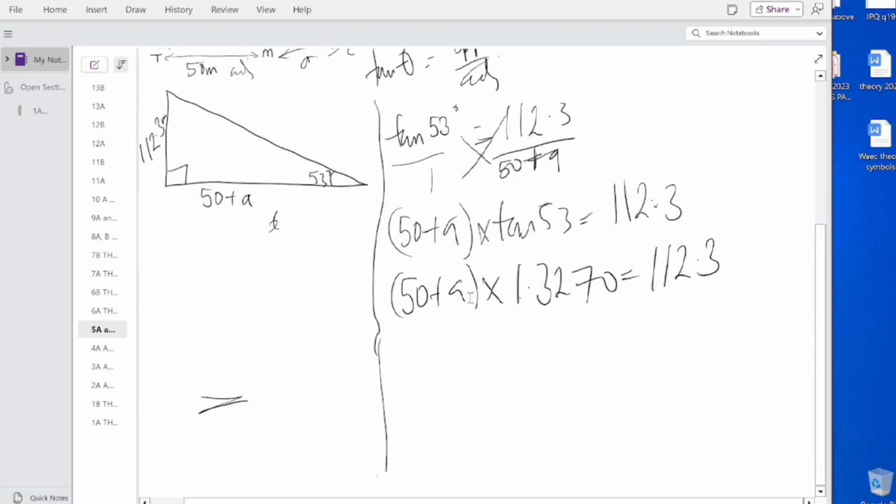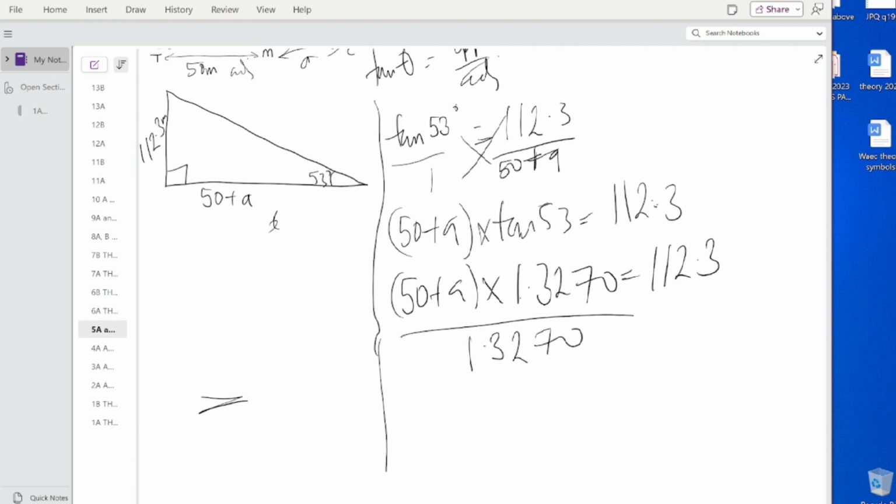Since we are looking for A and want to get rid of this 1.3270, we divide both sides by 1.3270. Rather than open the bracket and complicate it with our A being complex, we can just get rid of this. So divide both sides by it.